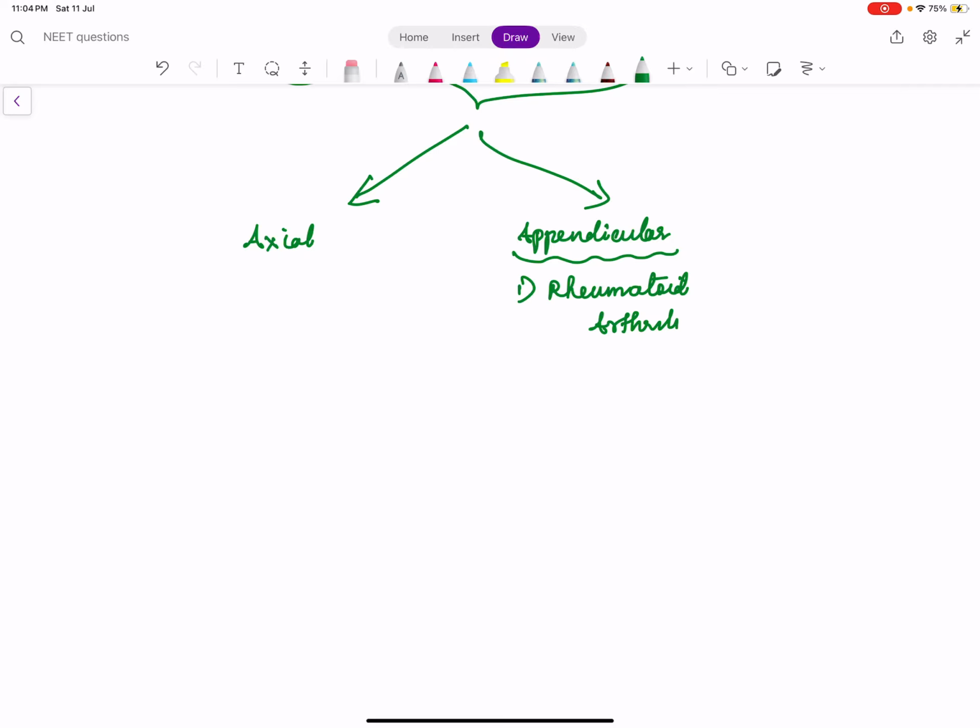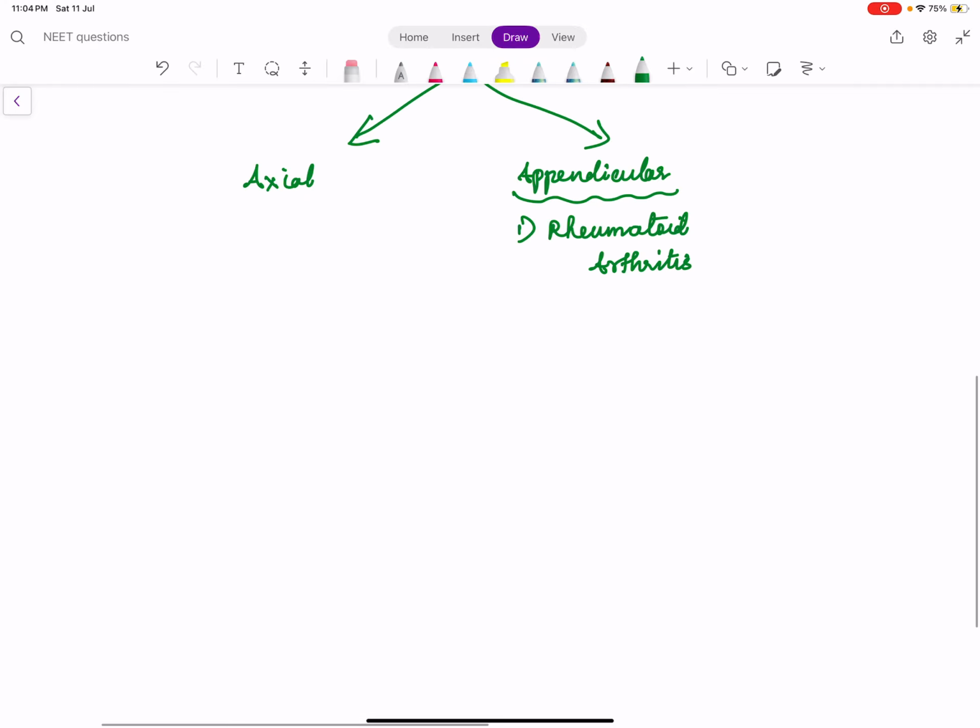Another question had come in last year's NEET: in rheumatoid arthritis, what is the pathology? There's something called synovitis or pannus formation in the synovium. Just an added point. So rheumatoid arthritis is the major inflammatory pain affecting the appendicular skeleton, or the small joints or the limb joints.